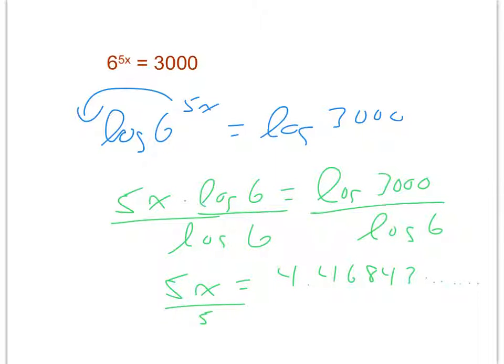Now, quite simply, keep it right on the calculator. I'm going to divide by 5, and I get x equals approximately 0.89369.